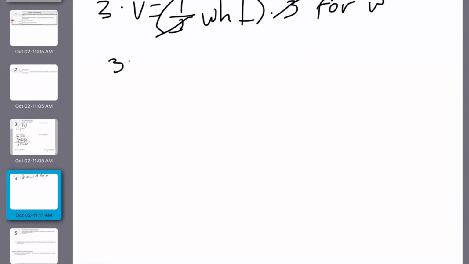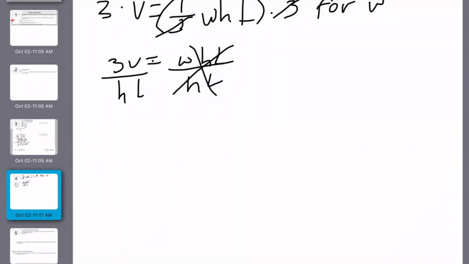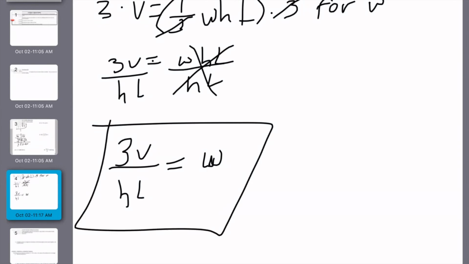So I have 3V equals WHL. And now this is W times H times L. So I'm going to divide by HL on both sides. And that cancels out the HL on the right. And I'm left with 3V over HL equals W. And that's how I would solve for W there.